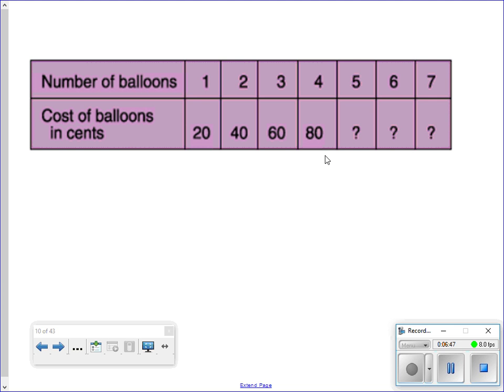So now we want to use variables that make sense. So balloons and cost is the main relationship. So we could say that balloons times 20 equals the cost. But you would probably most often see this as cost is 20 times balloons.